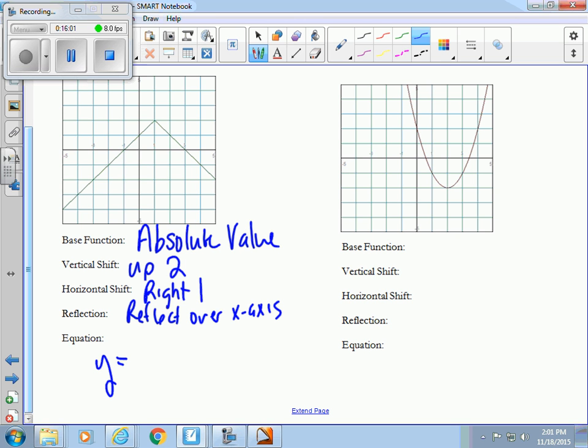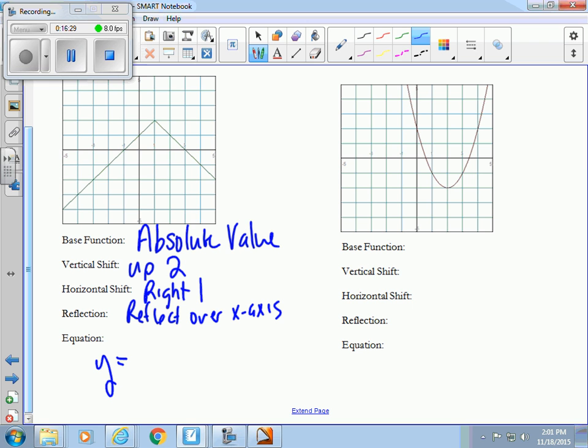Now, the cool thing about what we just learned is, do transformations only work for absolute value? Only quadratic? This works for any function. So any function we wanted to graph, or look at the graph of, we could use this skill to write the equation based on those base functions. So it's kind of cool that it doesn't matter what the function is.